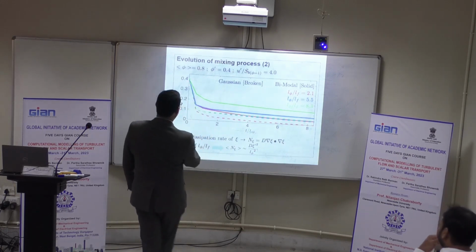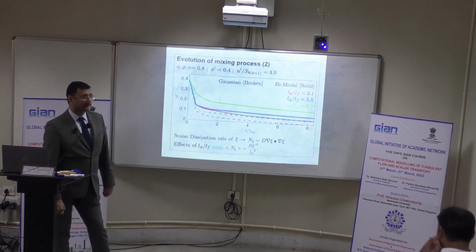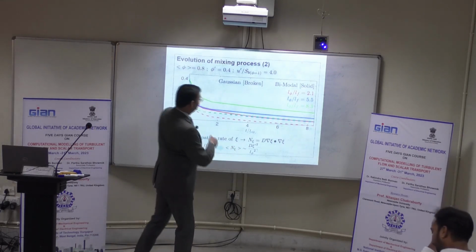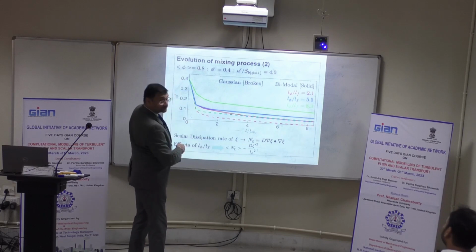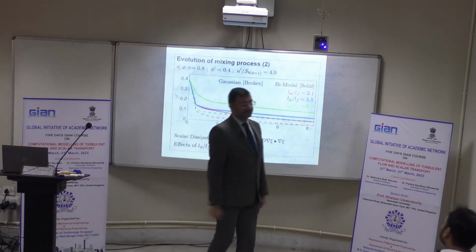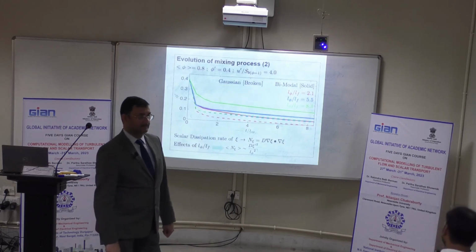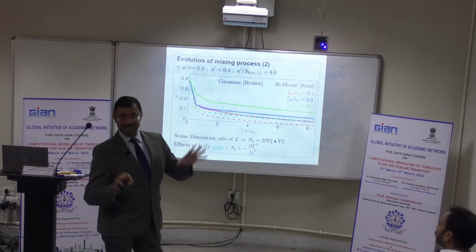See, it decays faster. Clear? The larger the value is, the more time it takes to come to a zero value. Zero value means it's completely micro-mixed. Understood? This is the effect of length scale distribution.